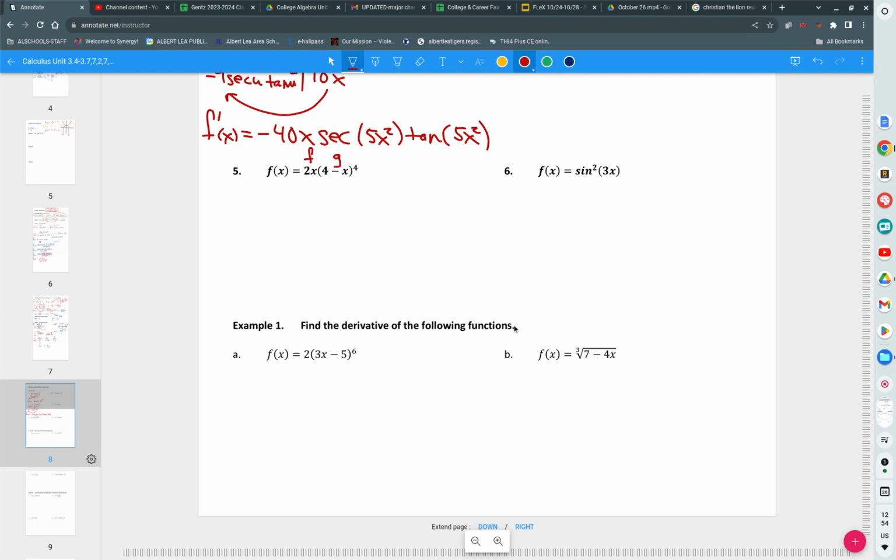What is the product rule? F prime g plus g prime f.